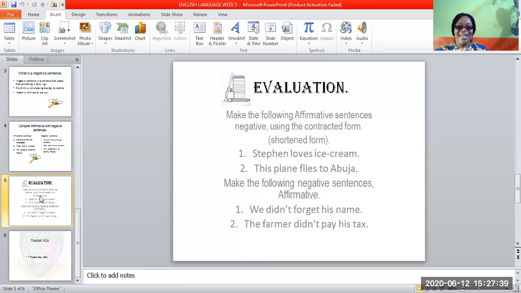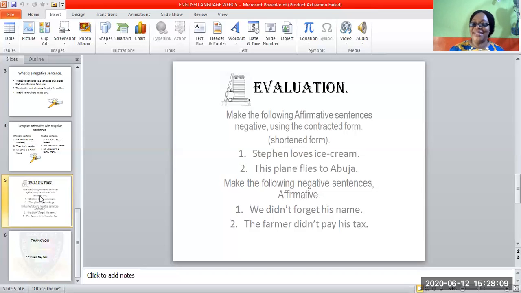Number two, the farmer didn't pay his tax. The farmer did not pay his tax. That's a negative sentence or statement. So turn it to affirmative sentence. And we have, yes, beautiful.